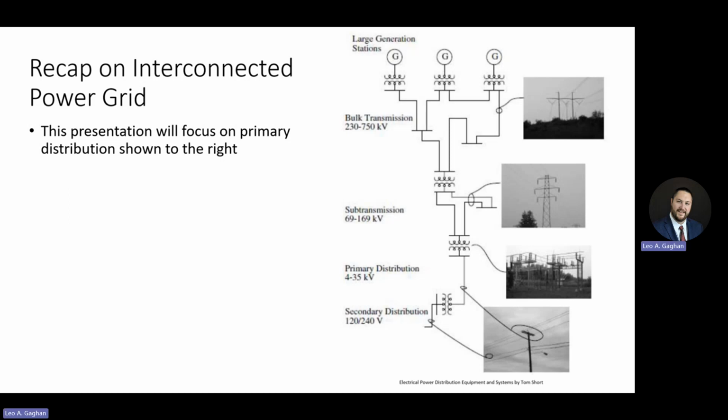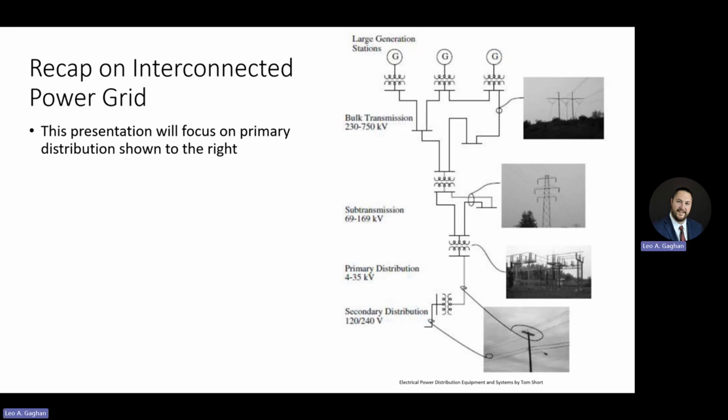From there, it's transmitted long distances because, as we remember, with higher voltage we've got lower currents, and power losses are I squared times R. And then once the power gets to its destination, it usually goes to a step down transformer. We drop the voltage down.